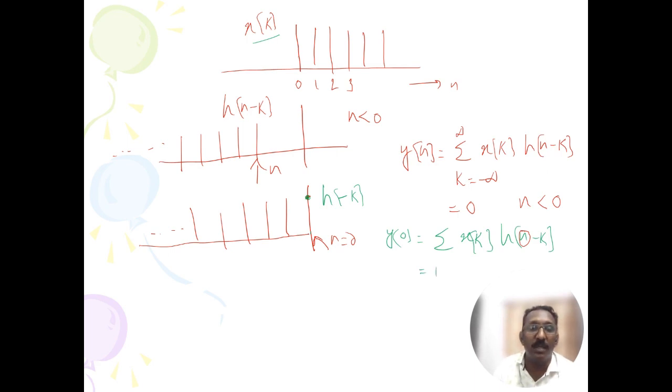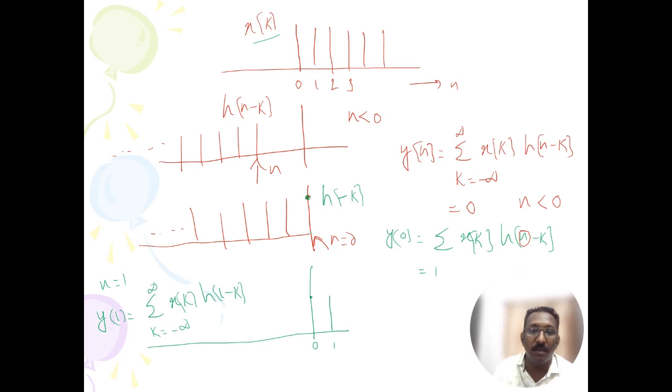Coming to n equal to 1, y of 1 will be equal to summation x of k, h of 1 minus k. By substituting the n value 1, the sequence will move. This is the sequence. At n equal to 1 there is a sample, at n equal to 0 there is a sample, at n equal to minus 1 there is a sample.